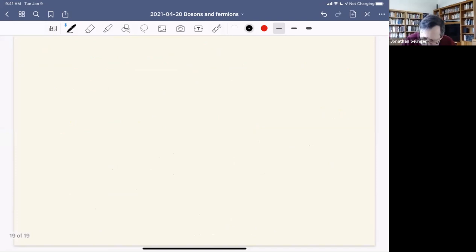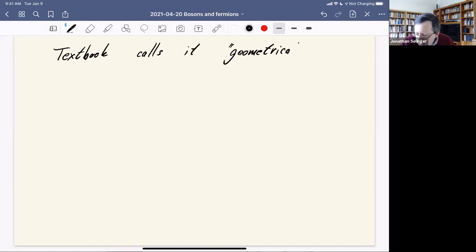And in the textbook, they call this a geometrical effect. That's a funny word. I've been thinking for a little bit about what they mean by geometrical.